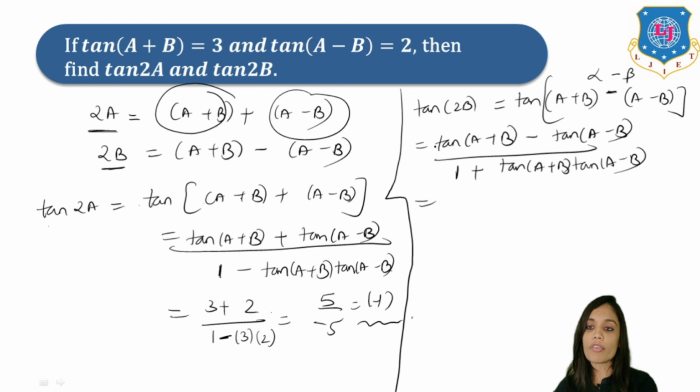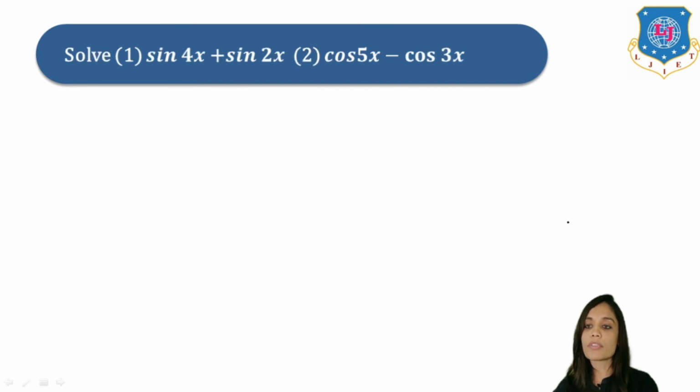Let us put the values of tan(a plus b) and tan(a minus b). So we will have 3 minus 2 upon 1 plus 3 into 2. So the final answer is 1 upon 7. Okay. So now let's go to our next examples.